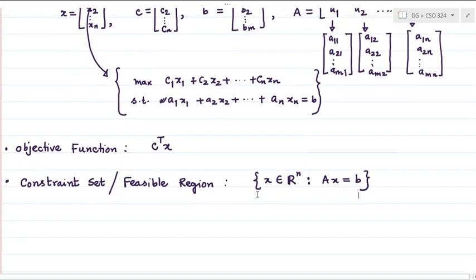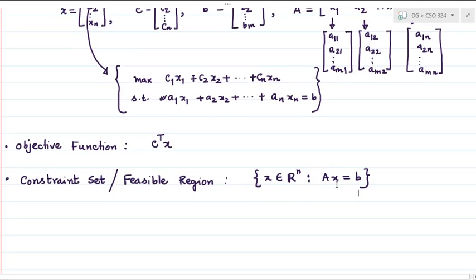Inside of Ax equals b, the left hand side Ax, if you try to write it explicitly, has precisely m many components, right? The first row is a11x1 plus a12x2 plus till a1nxn. This is your first component of Ax.